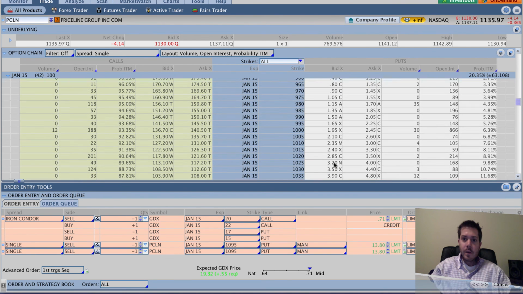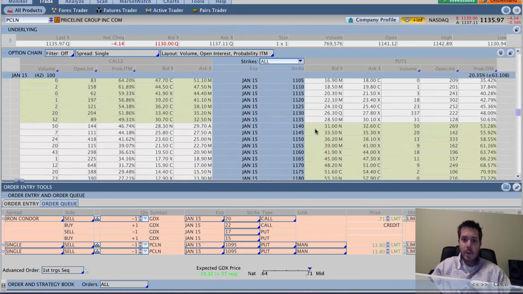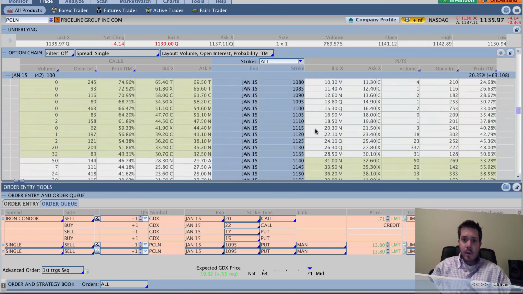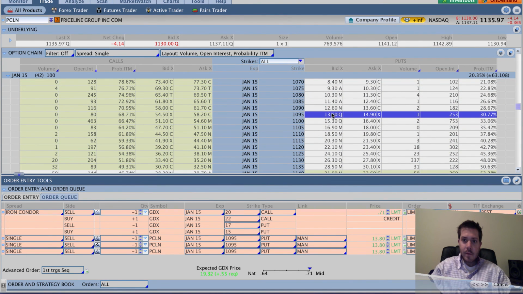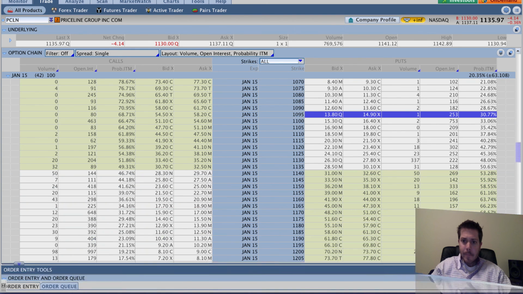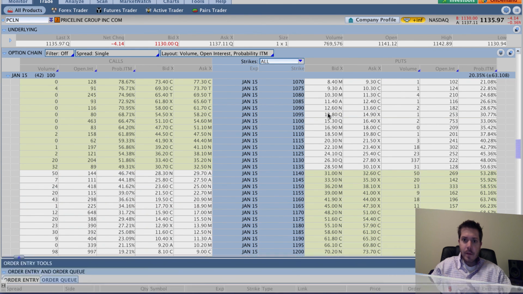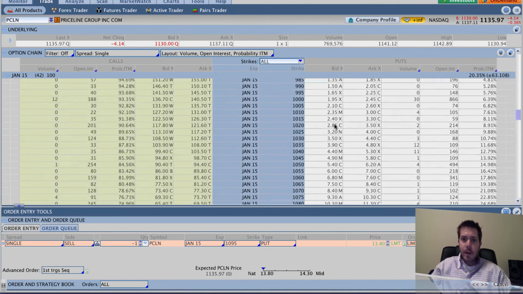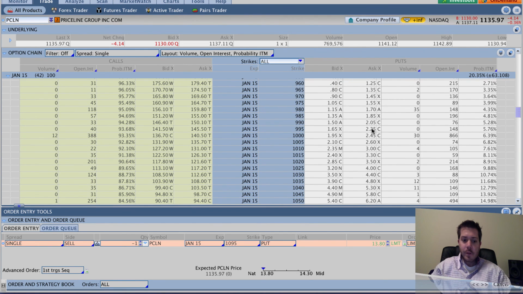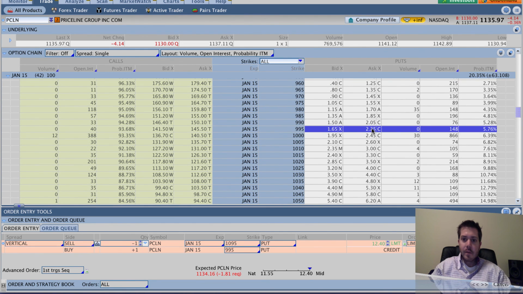Go all the way down here to 995. So we're doing the 1095. There we go. And so you do 100 wide. So then we sell the 995.